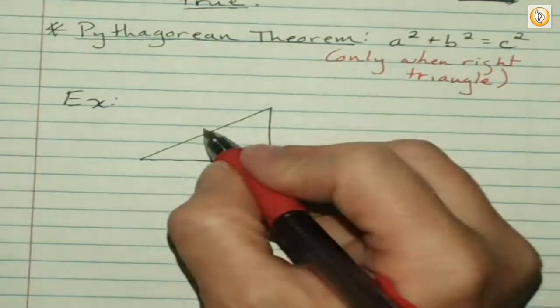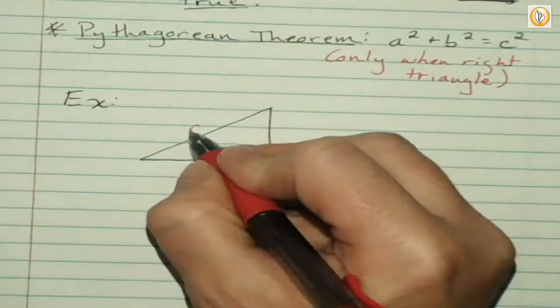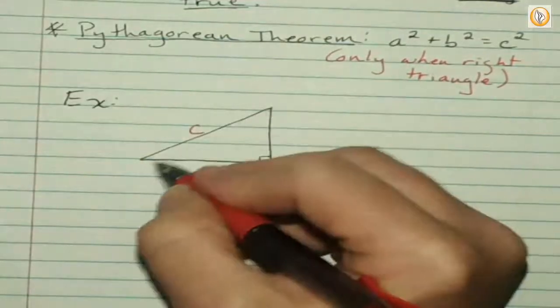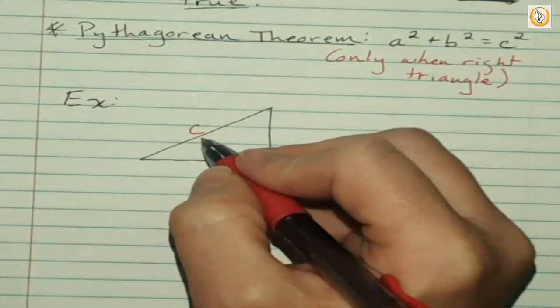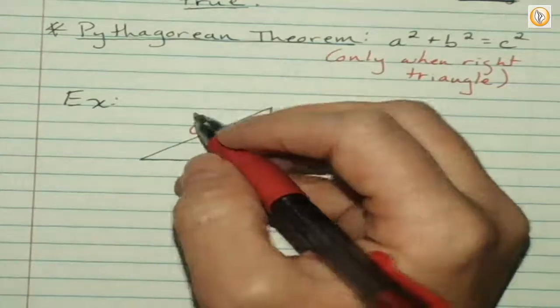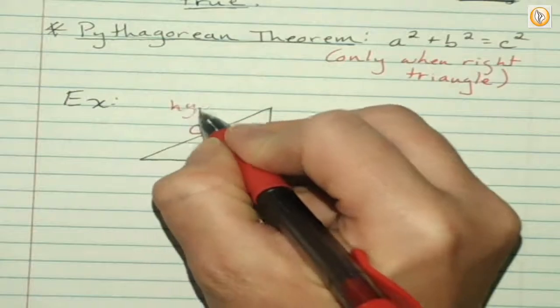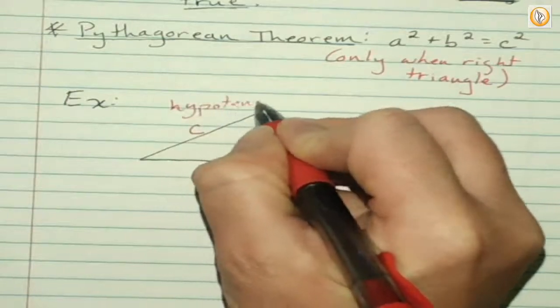And if you remember, C is what? What is the longest side called? Anyone remember? Hypotenuse.